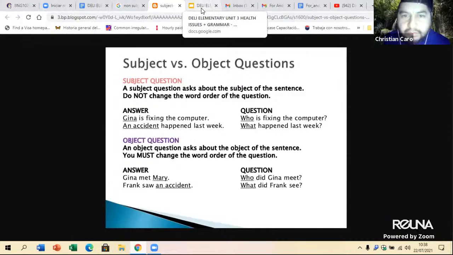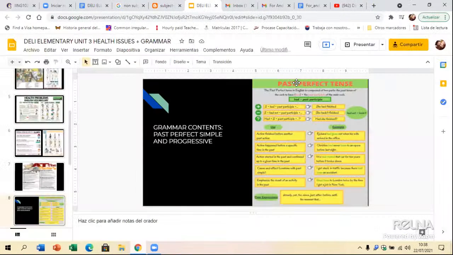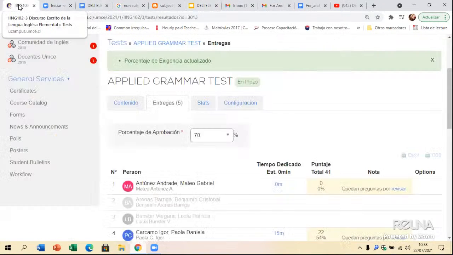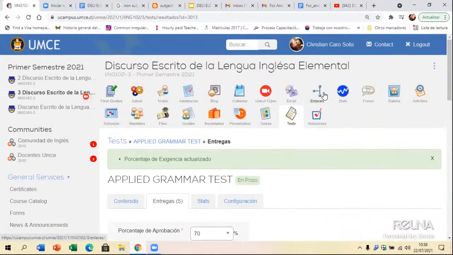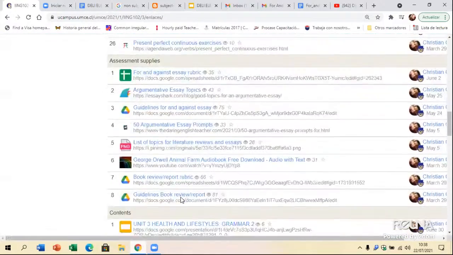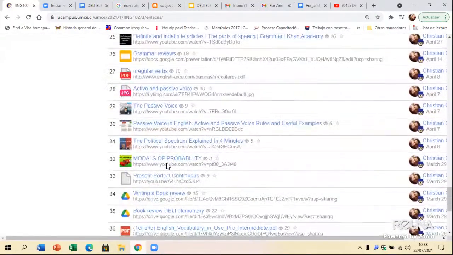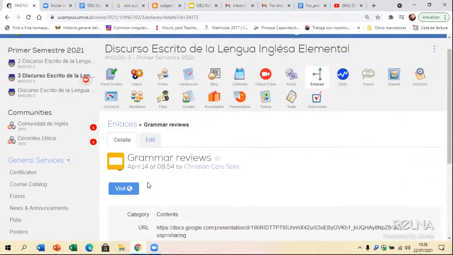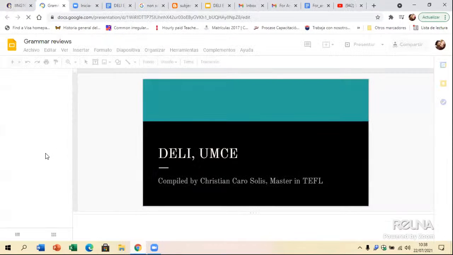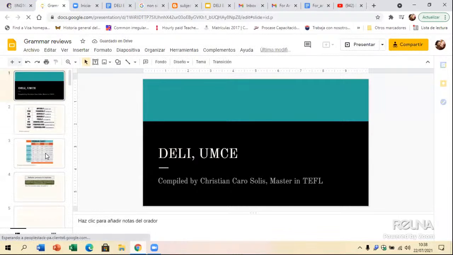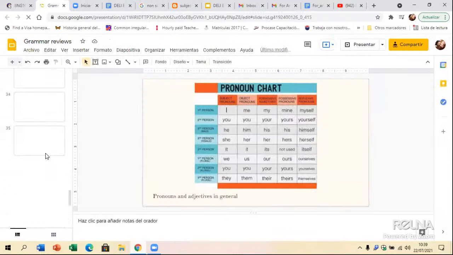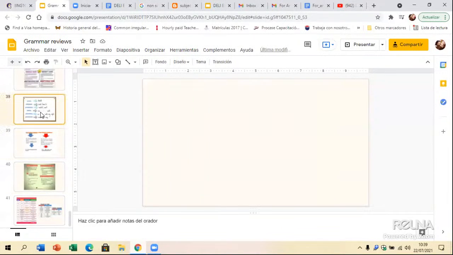Yo había ponido, como dice el meme, yo había ponido aquí presentation. Hold on a sec. Grammar reviews. And must for deduction. Where is it?